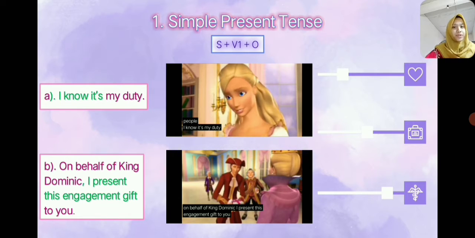Number 2: On behalf of King Dominic, I present this engagement gift to you. I is subject, present is verb 1, this engagement gift is object. The situation happened at that time King Dominic spoke in the prison, so he said, I present this engagement gift to you.